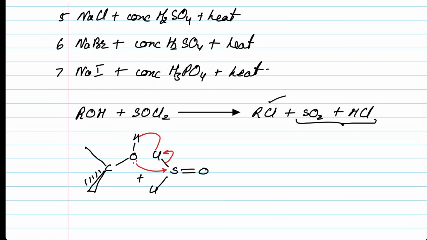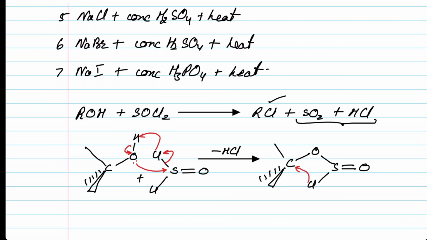The chlorine attacks hydrogen, which takes away the electron, gives the electron to oxygen. So, in the very first step, HCl is released out, and we get a species in which we have the oxygen attached to sulfur and another chlorine.